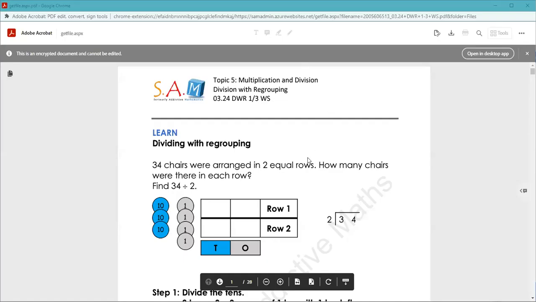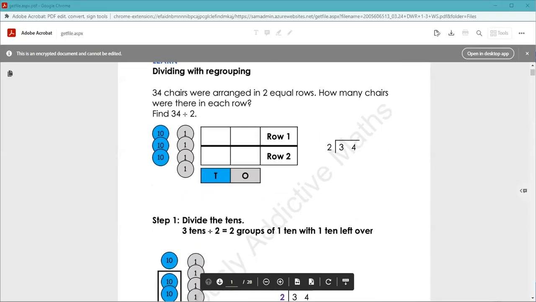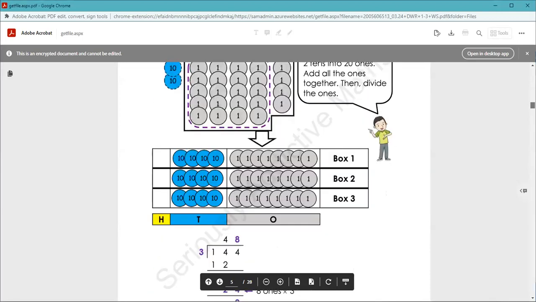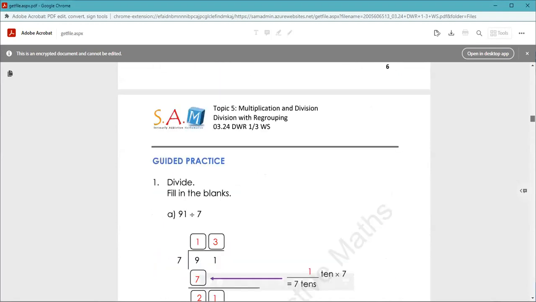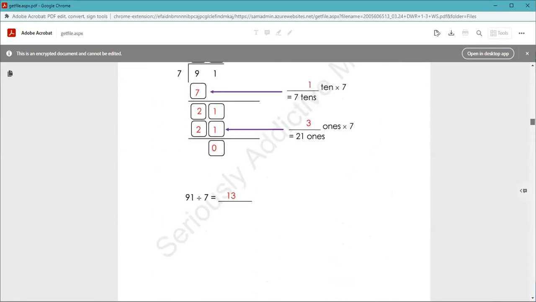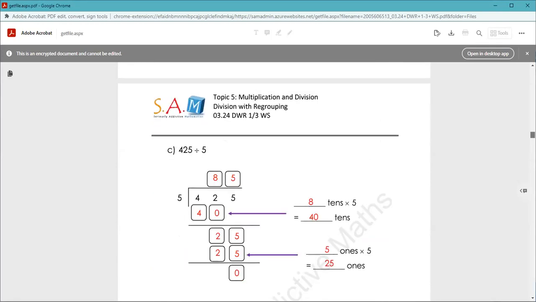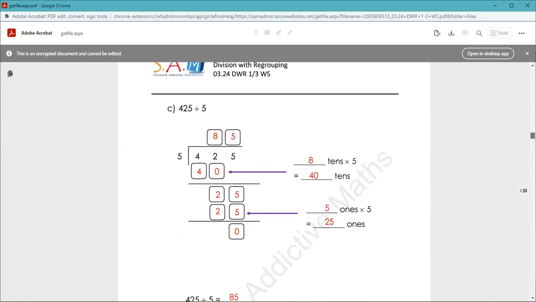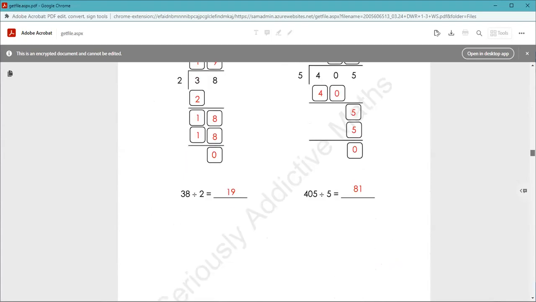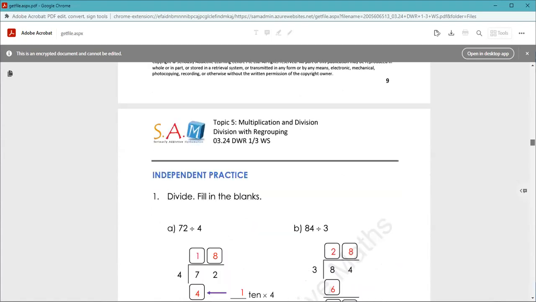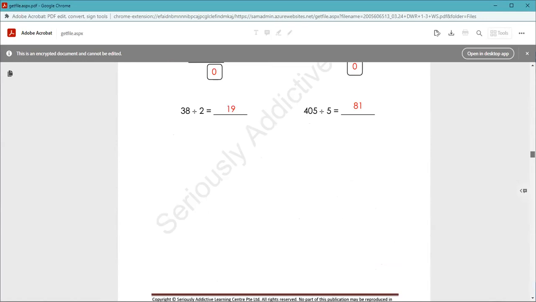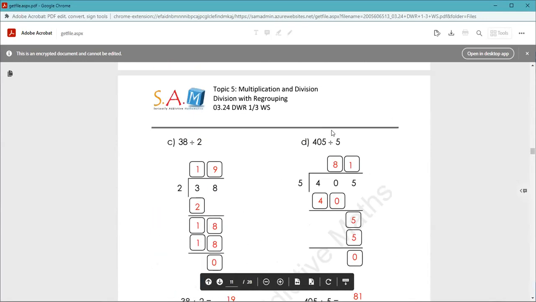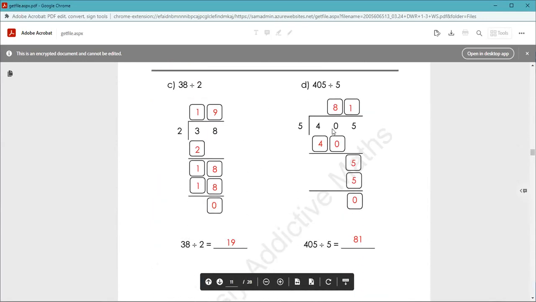All right, book 2 is dividing with regrouping, which actually we have sort of done early on. So again, we can skip all these teaching segments, and maybe just move straight into some scaffolding questions here, like for example, page 11, for them to do.